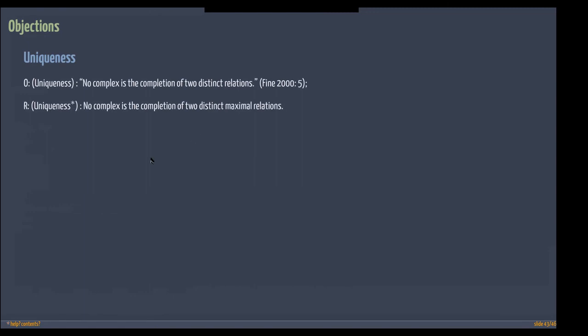So it's really that we want to say no complex is the completion of 2 distinct maximal relations. We want to say that, of course, we cannot just have a completely different build-up of relations that gives us the same state of affairs.